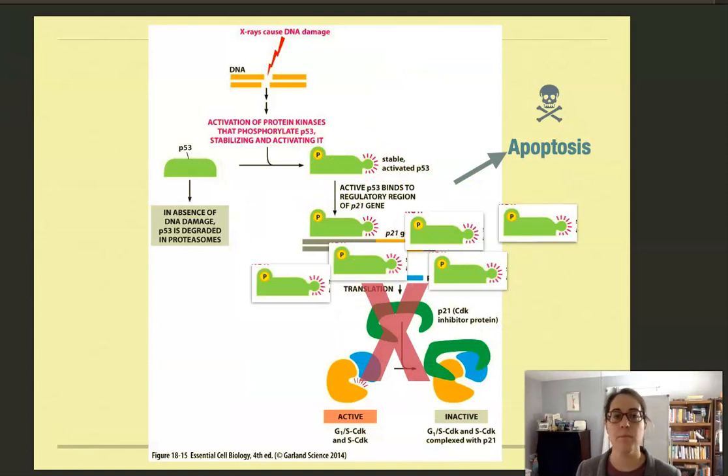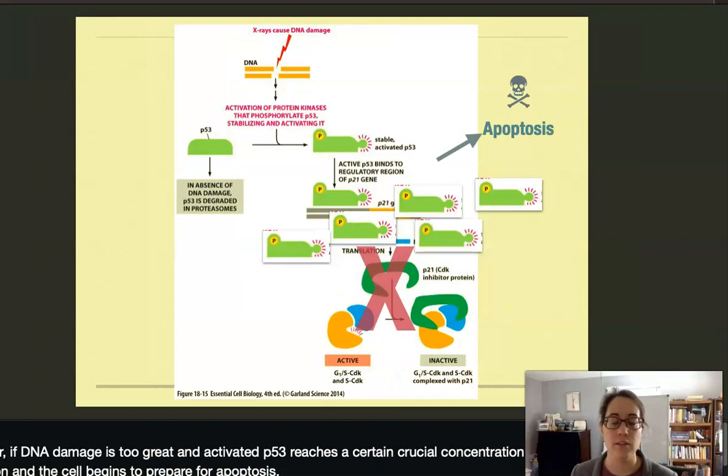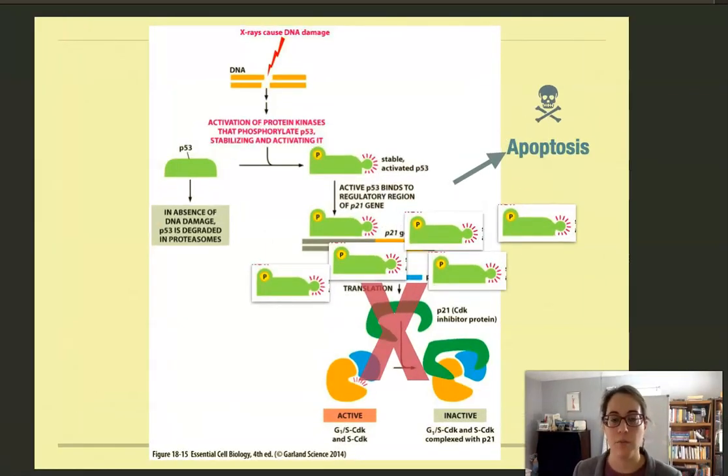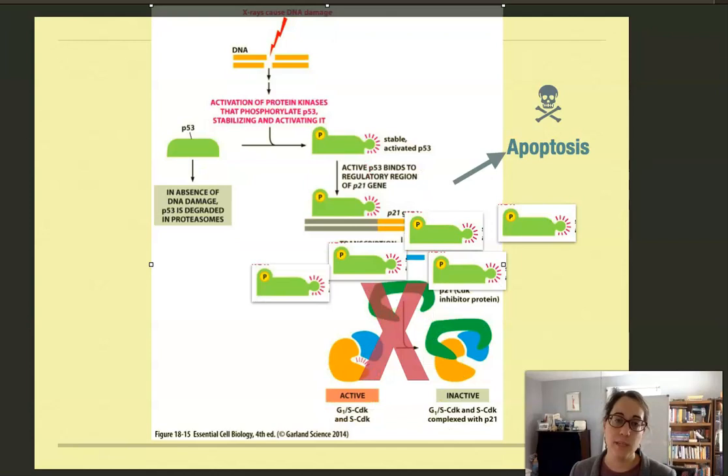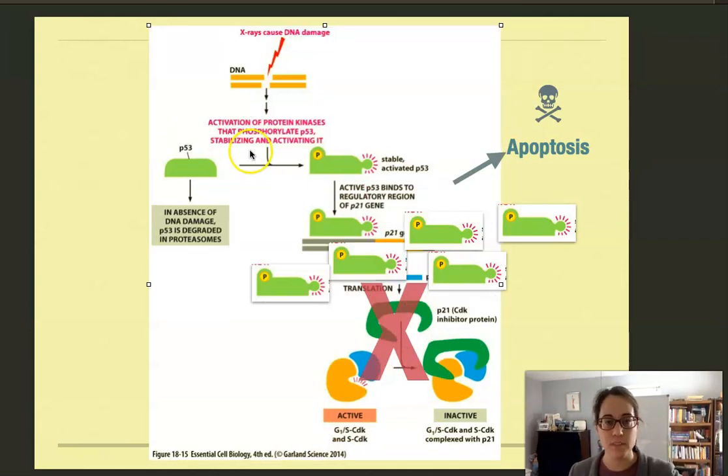So another mechanism of regulation for the replication of DNA is the P53 and P21 complex, or these two proteins. So the presence of P53 in the cell is normal, but it is degraded if it's not needed.